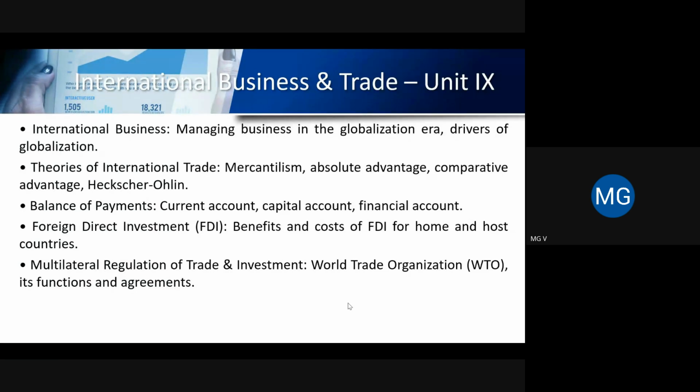The World Trade Organization, WTO, is an international organization that regulates trade between nations. Its functions include reducing trade barriers, resolving trade disputes, and promoting free and fair trade. For example, a multinational company might choose FDI as a mode of entry into a new market to have greater control over its operations.